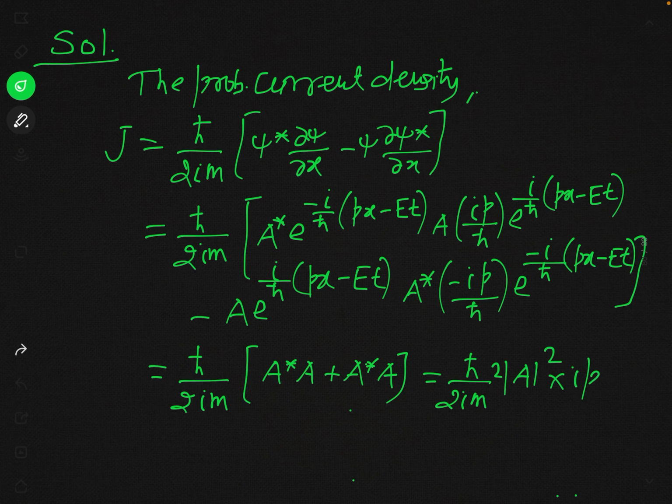So you can see from here that this result is equal to mod of A squared times p over m. So this is the probability current density.